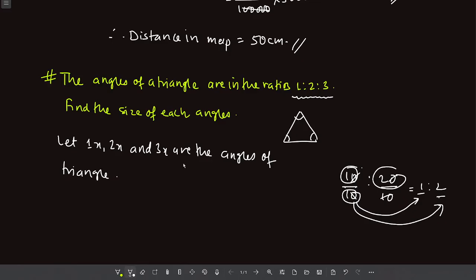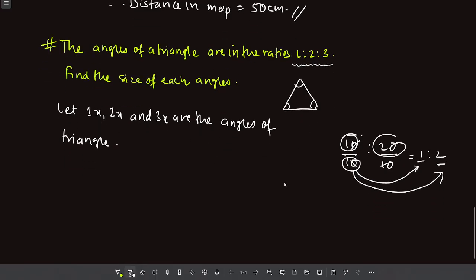Yes, sir, because that's the ratio they gave in the question. The ratio is 1 is to 2 is to 3. The ratio is only obtained when the common multiplier is cancelled, that is, when we are reducing to the lowest terms. So we have assumed the common multiplier as x, and that x multiplies every component of the ratio. x will multiply 1, x will multiply 2, x will multiply 3, and then we get 1x, 2x and 3x.